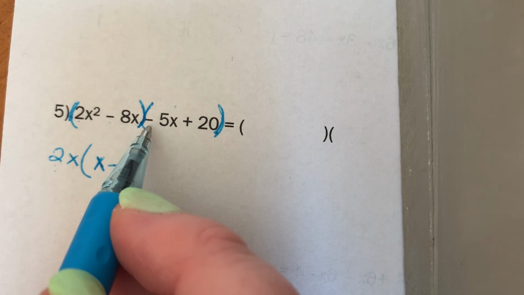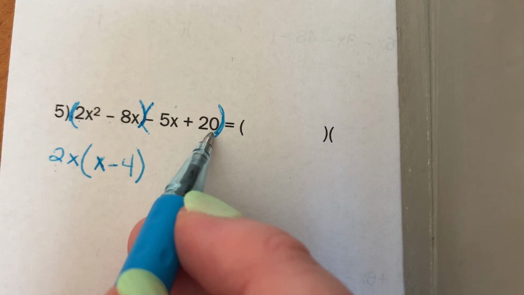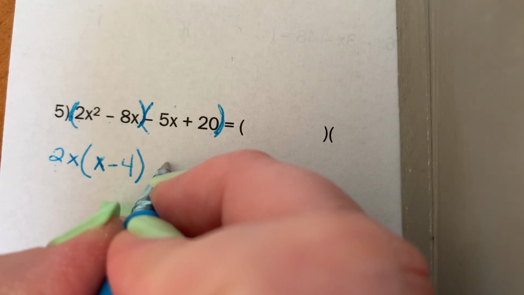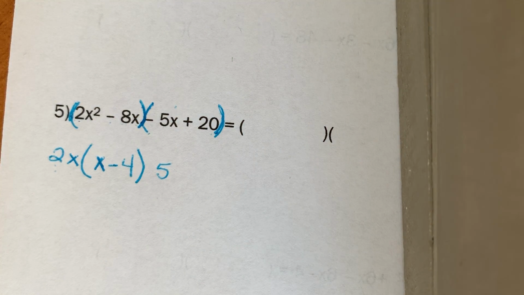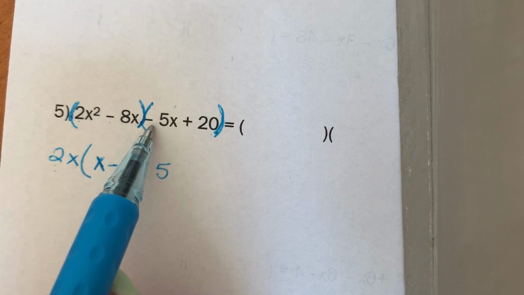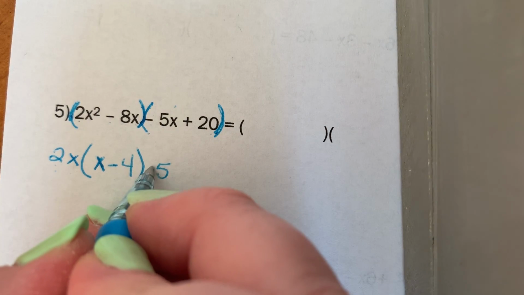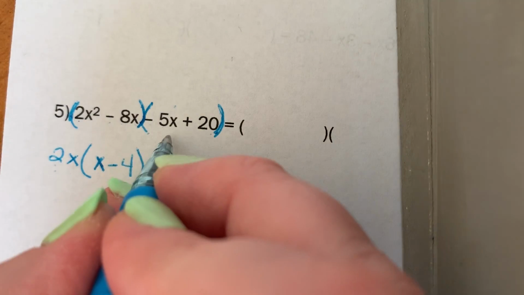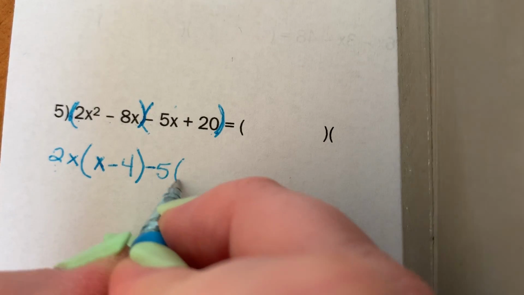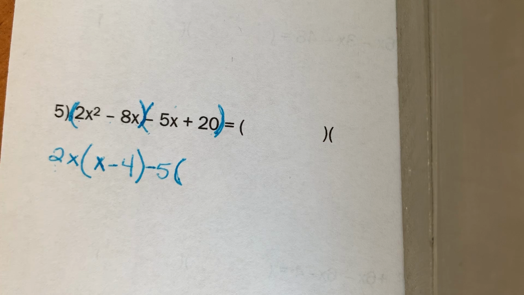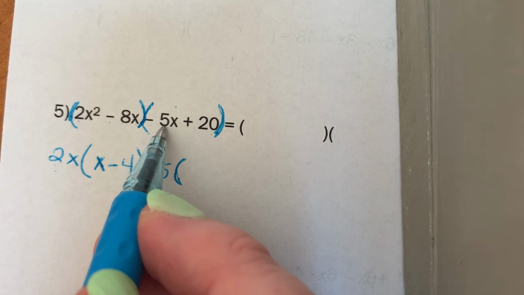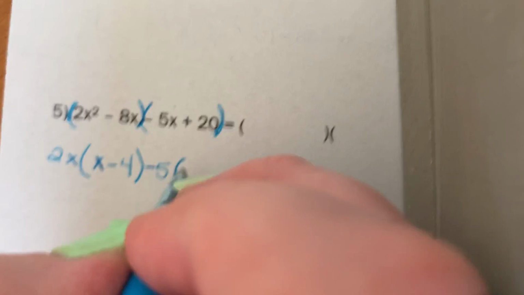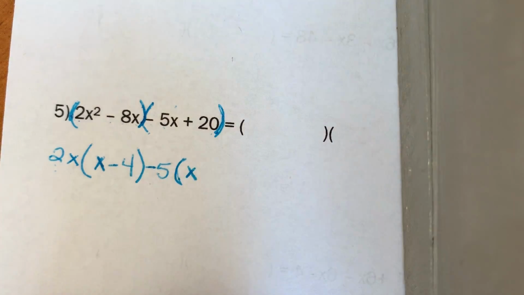So again, same idea. What do 5 and 20 have in common? Desmos will tell you that 5 is the greatest common factor, but since this 5 was a negative, that means the greatest common factor also has to be a negative. So they don't have any x's in common, so we're going to go ahead and go to our dividing part. So this is a negative 5 divided by a negative 5, so that's just going to be a positive x.